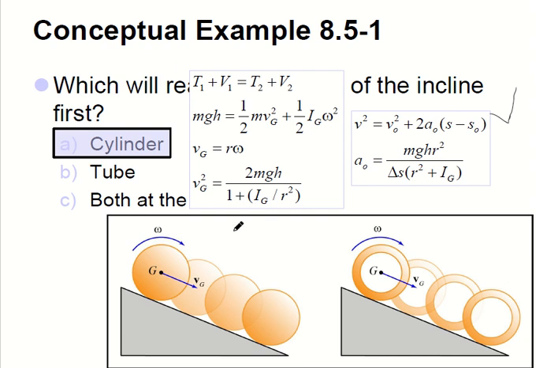It also has rotational kinetic energy: translational and rotational kinetic energy as it rolls and goes down. Rolling means rotation, going down is your translation, so you have general planar motion in both situations. When you calculate the translational kinetic energy, remember, it is 1/2 m vG squared. And the rotational is 1/2 IG omega squared. If you use conservation of energy, I already showed you how to calculate this from here.